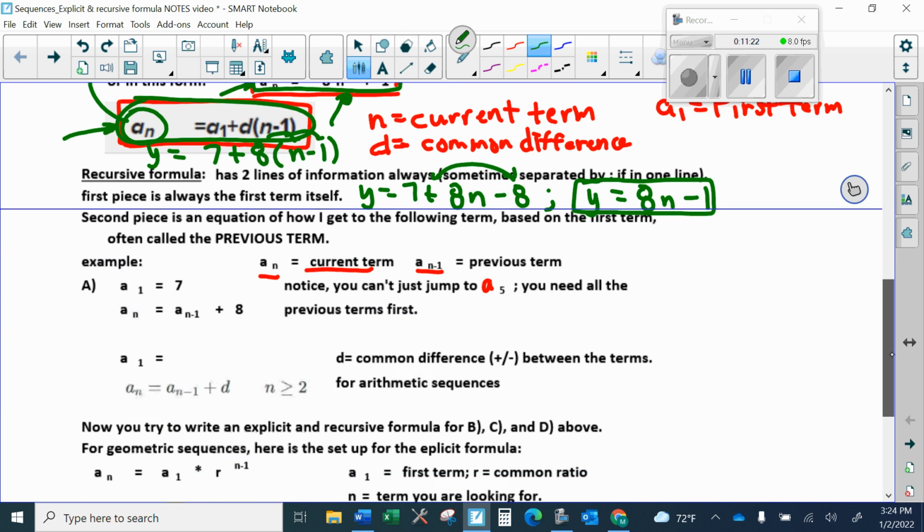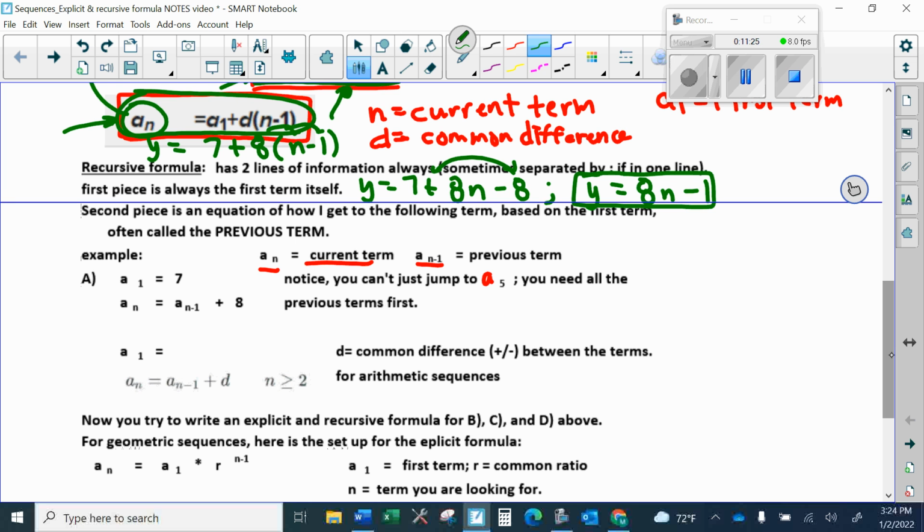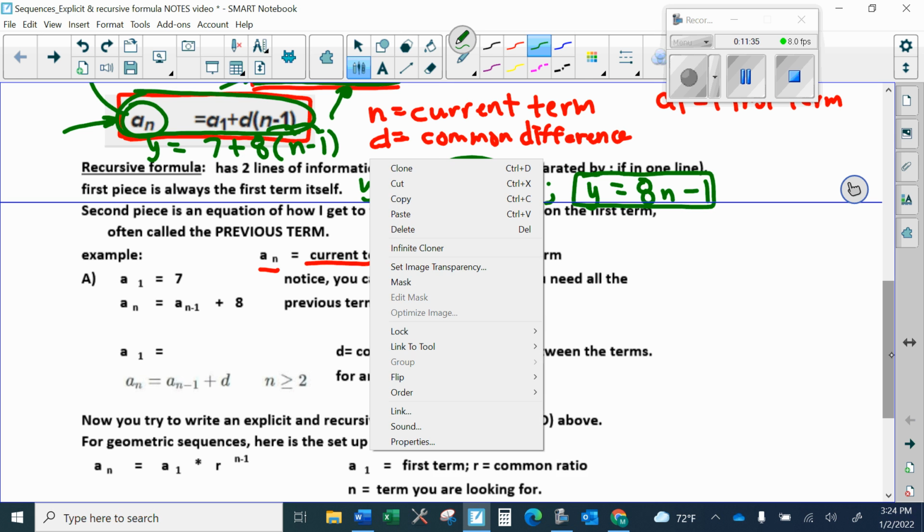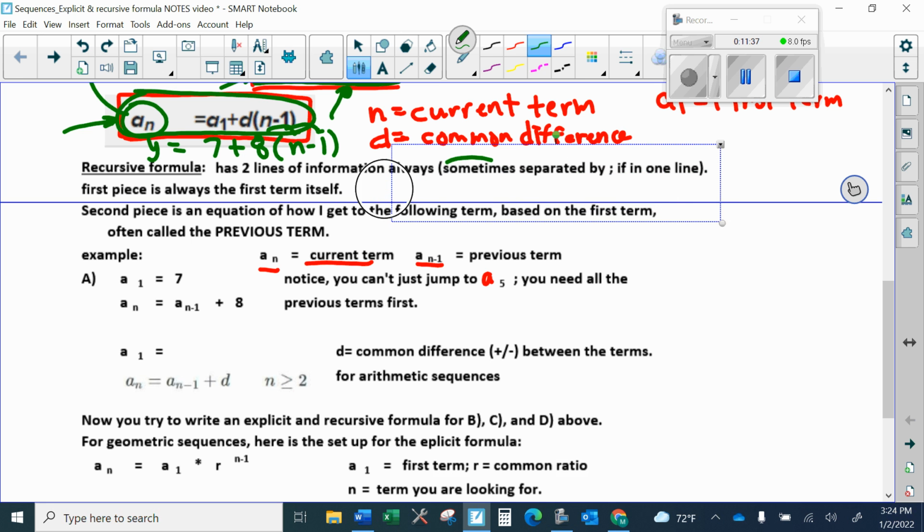All right, next is another way of writing that same thing, but it's called recursive formula. Now, here's the difference. Recursive formula has 2 lines of information always. Now, if they go ahead and put it into one line, they're going to have to separate it by a semicolon. It's usually written in 2 lines like this right here, line 1 and line 2.